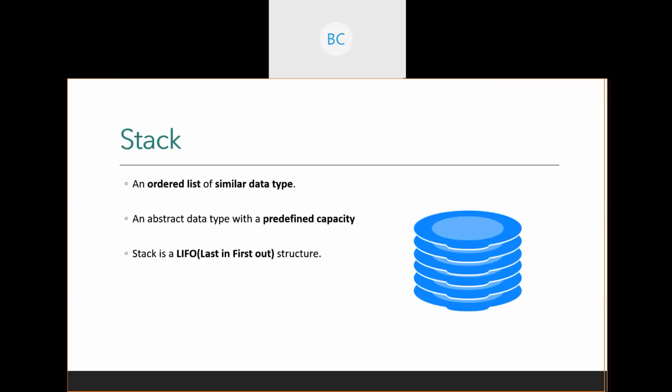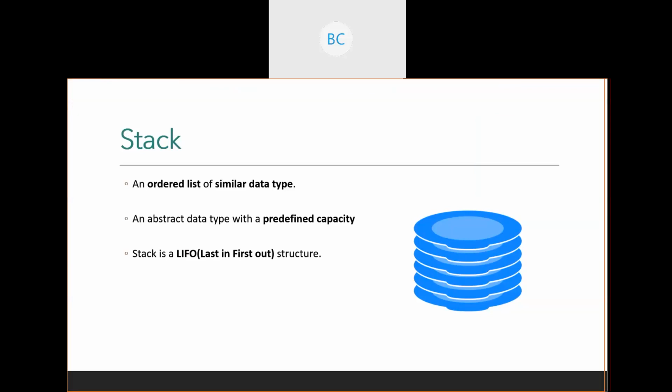It's simply a collection of similar data types and it is always an ordered list, and it has a predefined capacity and a particular way through which you can add or remove items, and stack is specifically last in, first out. That means the last element that you put inside a stack will be the first one to go out, or you can also say first in and last out.